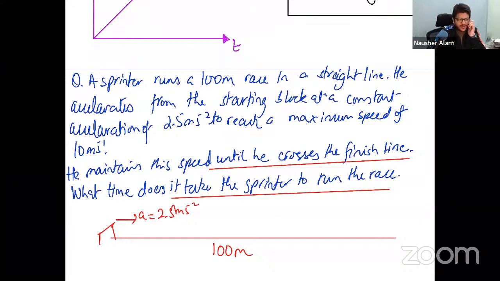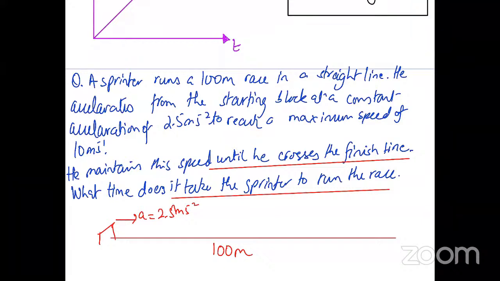Yes, Ibrahim, how do we do this? Sir, first I found out how much time it took during the period of acceleration. So if his acceleration is 2.5 meters per second square, that would mean that 2.5 multiplied by 4, it takes him 4 seconds to reach the speed of 10 meters per second.